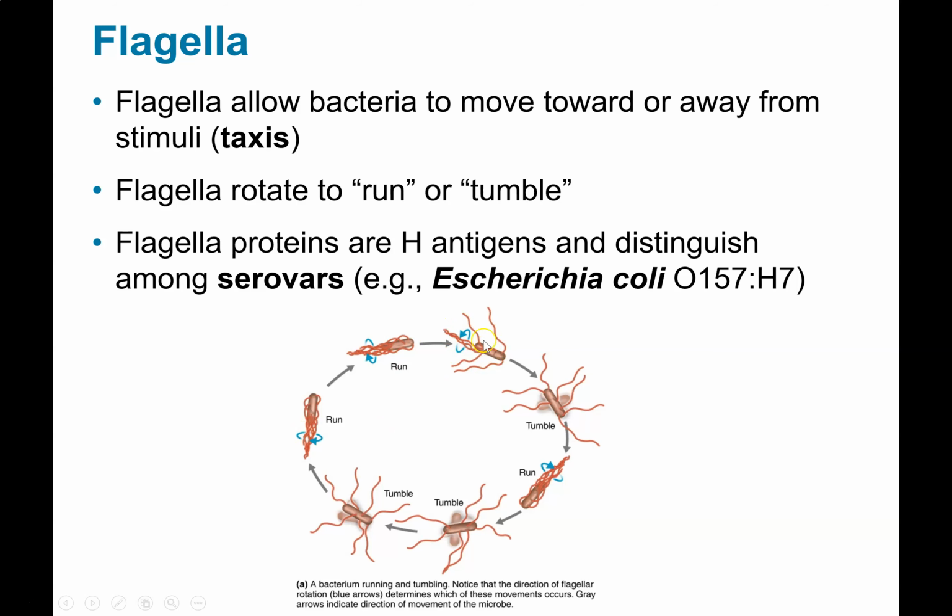And if this bacteria is in our bodies, our immune system can see that flagellar protein as something foreign, as something that doesn't belong. So for example, in this strain of E. coli, O157:H7, the H7 is referring to the flagellar protein that our immune system is seeing as foreign.